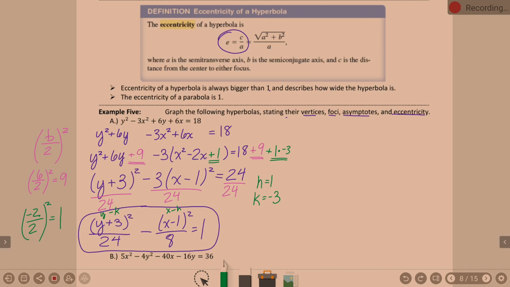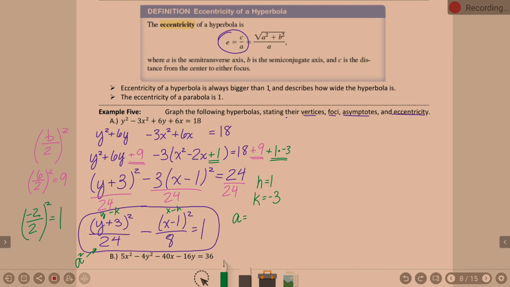Here's a trick to see if we're paying attention. What's A? Everyone's afraid now. What's A? The 24 but square root. Yeah. A squared is always first.